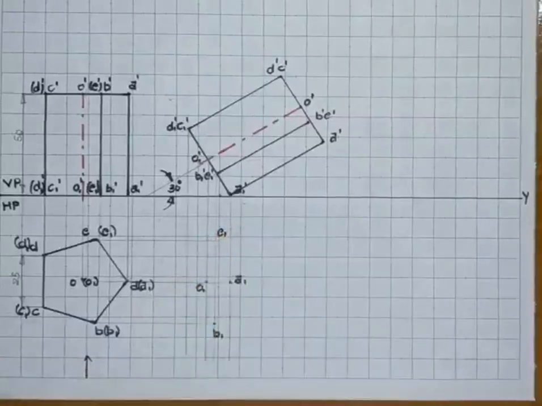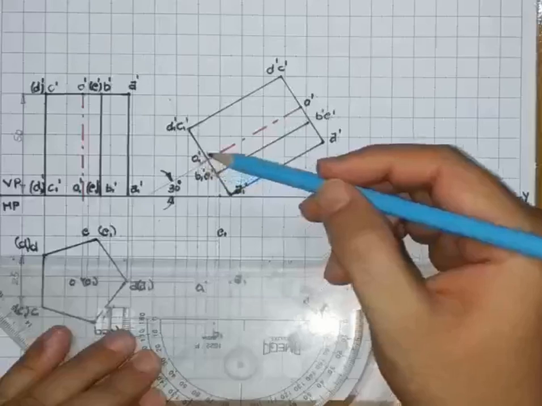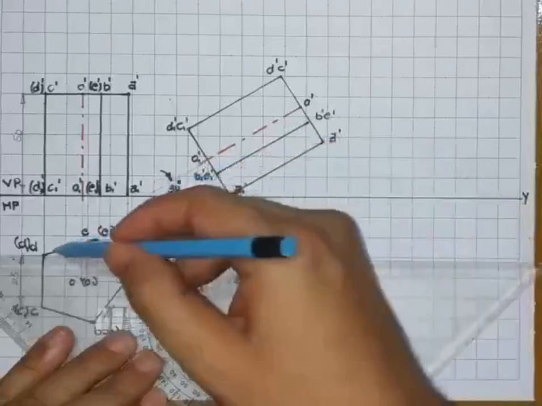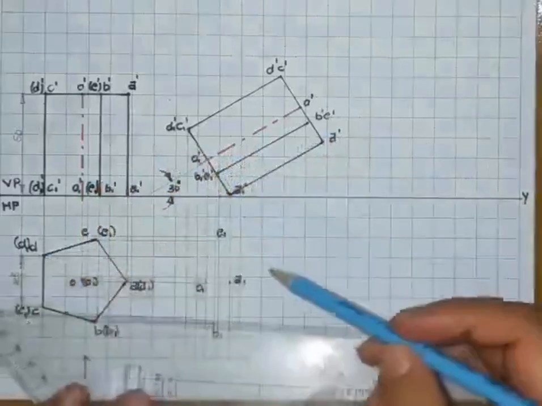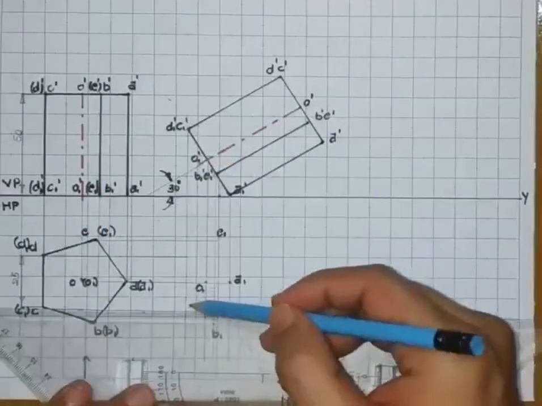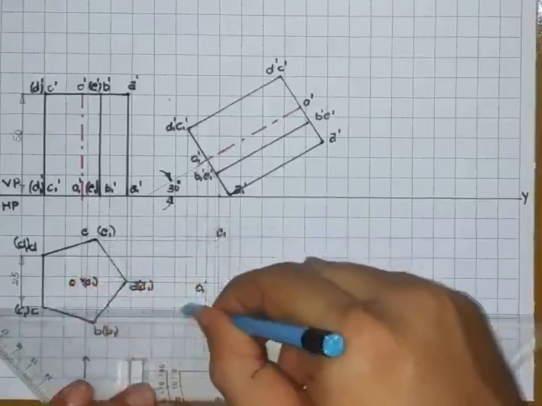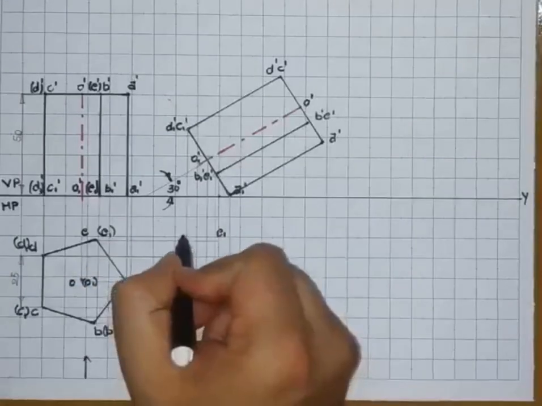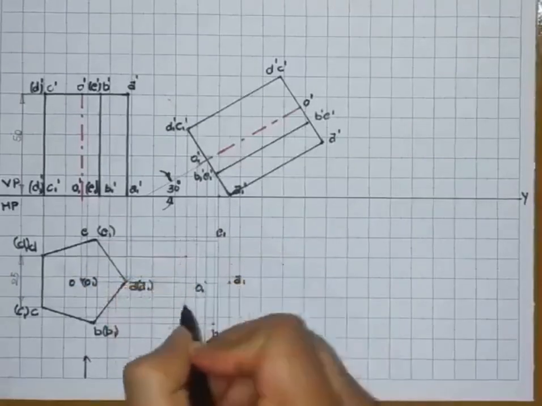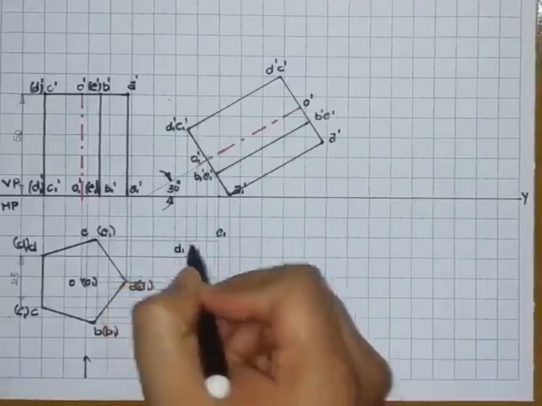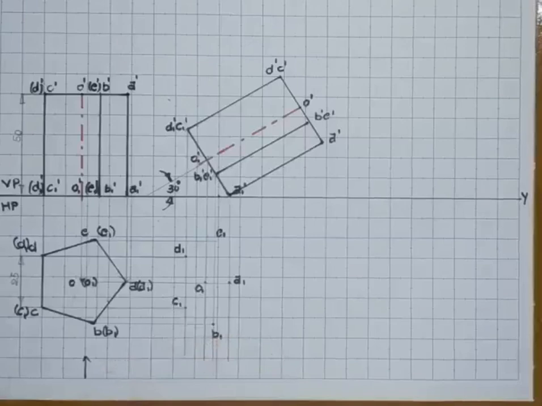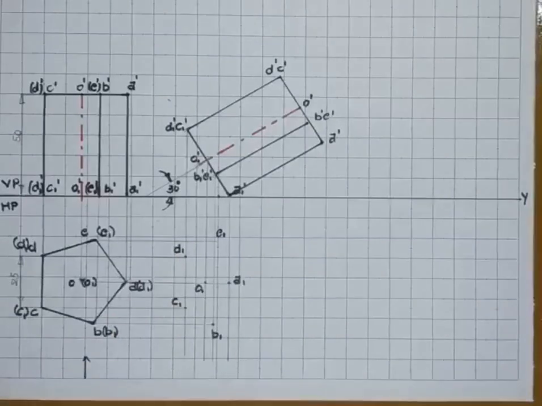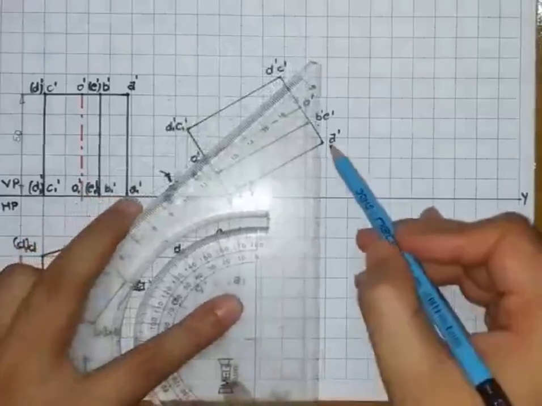All these are our base points. Now I am going to project point D and C. This is point B1 and C1. So now I have projected all the base points, and now I am going to project the top face points.